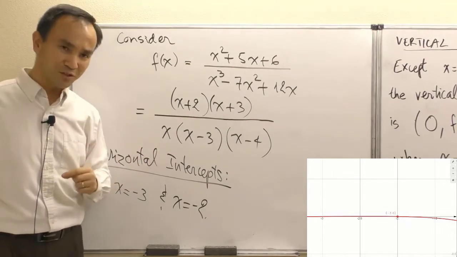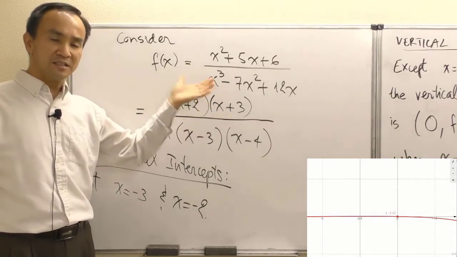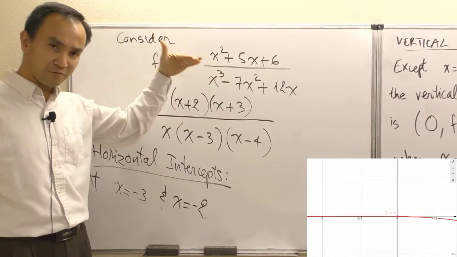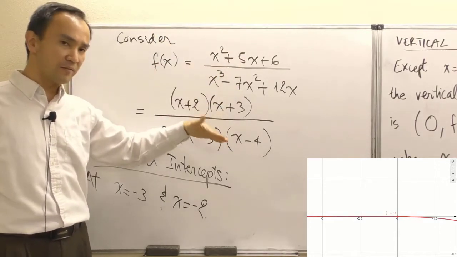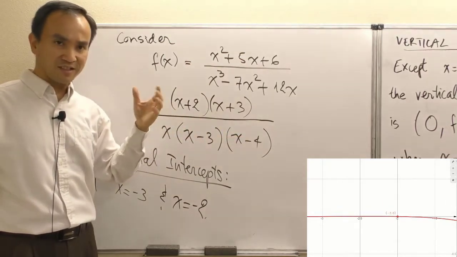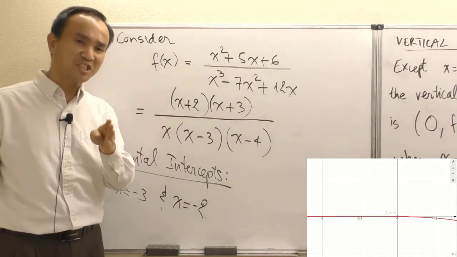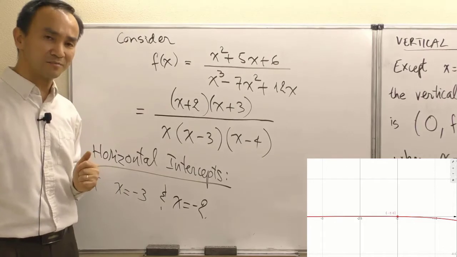And that's the reason why I recommend that my students factor out completely, top and bottom, any rational function. It's just my own style when it gets into doing horizontal intercepts.